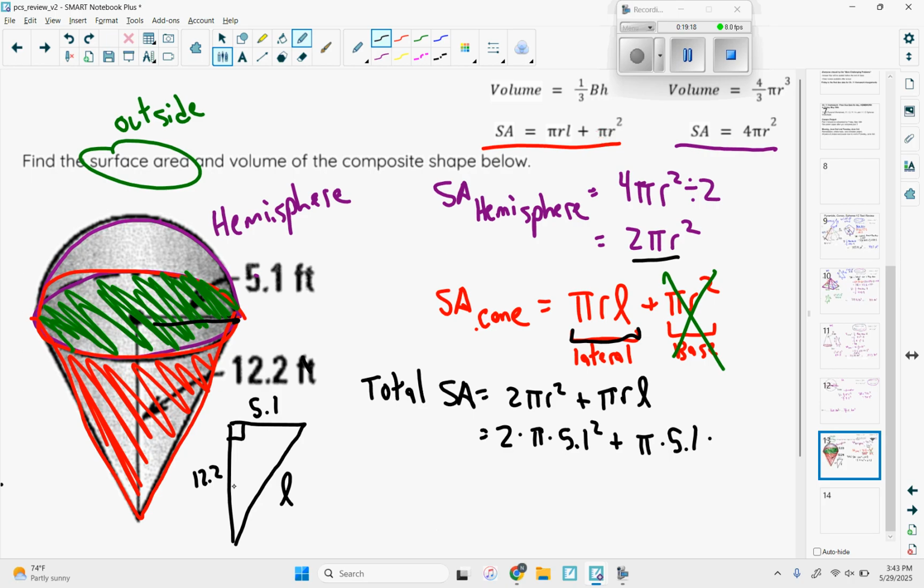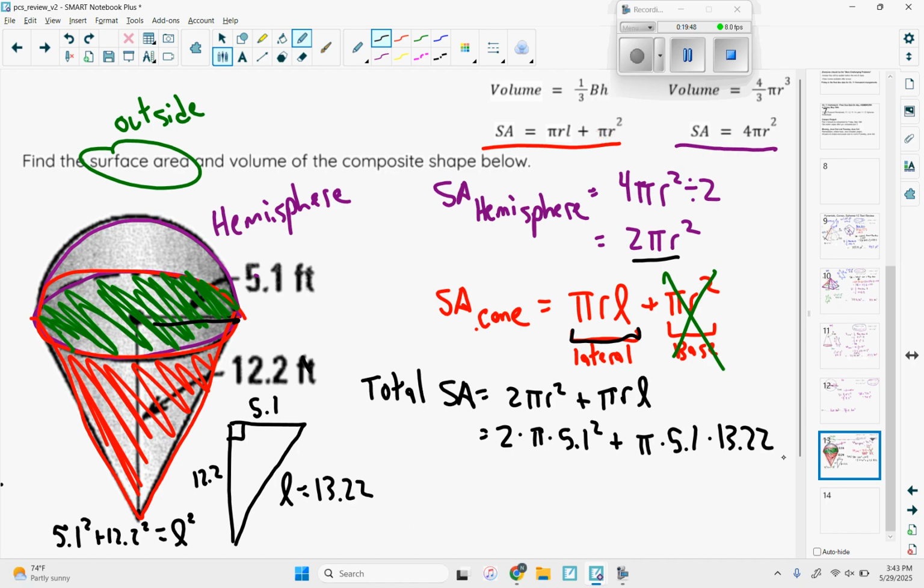All right. And when we solve our Pythagorean theorem here, this would be 5.1 squared plus 12.2 squared equals the slant height squared. We would find that the slant height is approximately 13.22. So that's what I'm going to put here in my surface area formula.